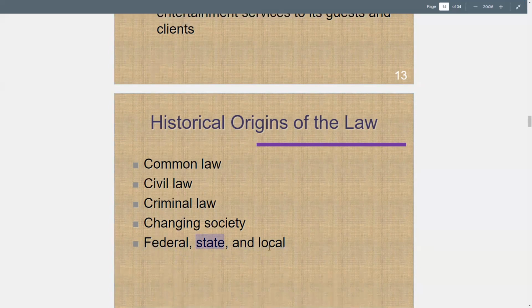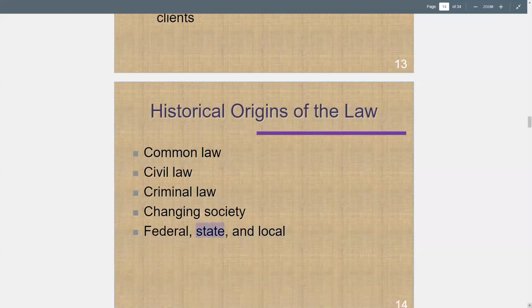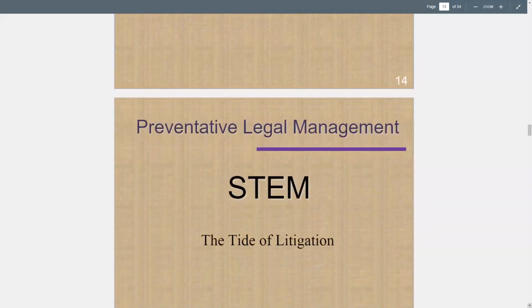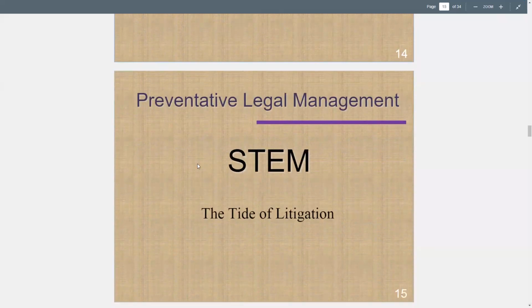But local law is a creature of the power of the state government. Doesn't mean, though, that we don't have to follow it. Of course we do, but its power derives from the state. So it's really not a third area of the law.